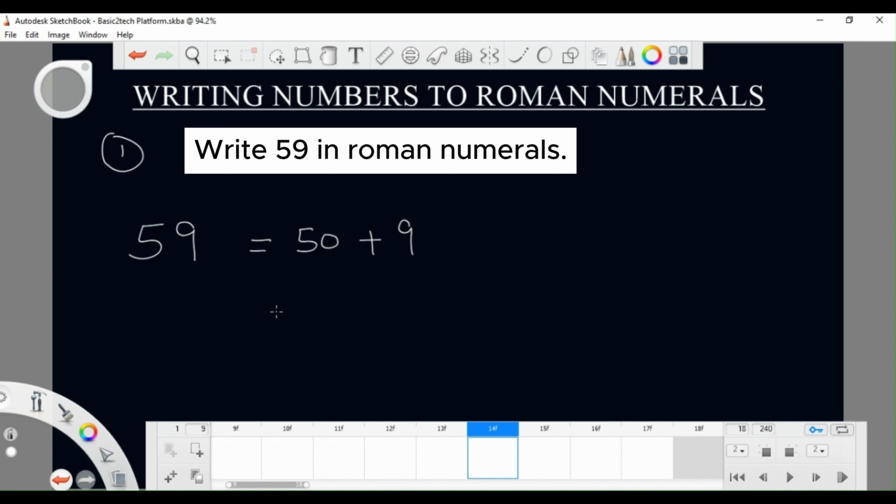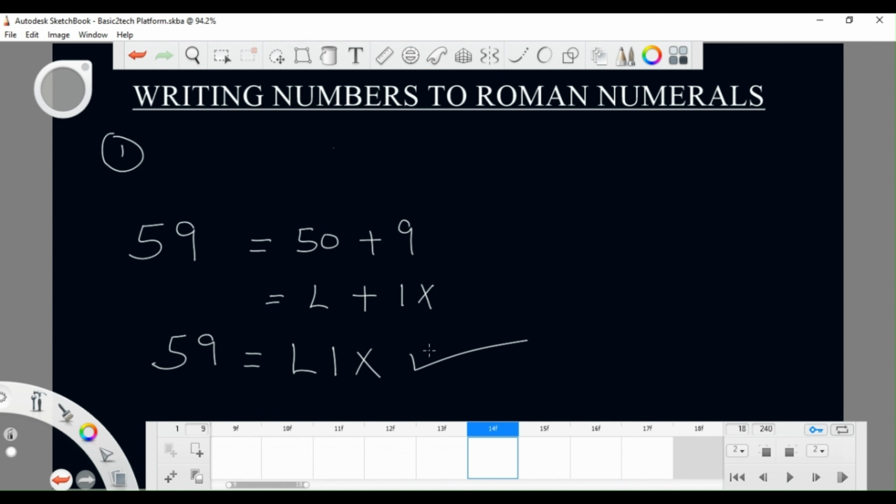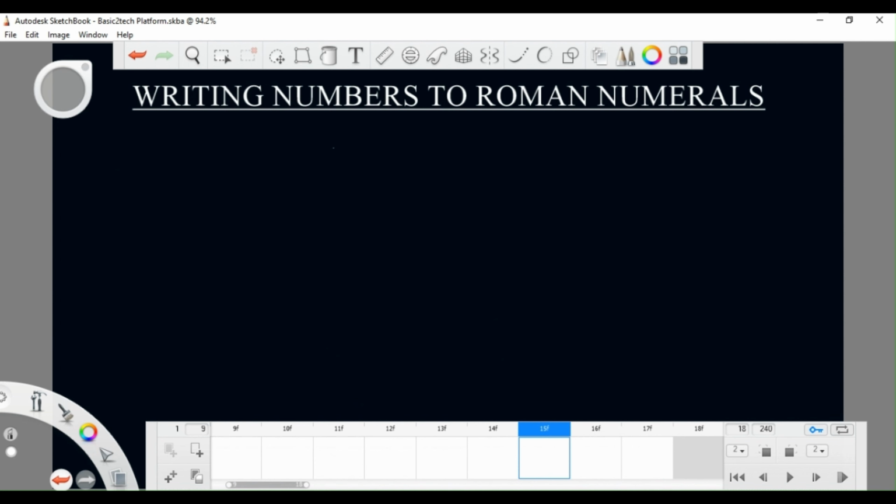In Roman numerals, 50 is written as L, okay? Plus our 9 is written as IX. So that means that 59 is the same thing as saying LIX, okay?